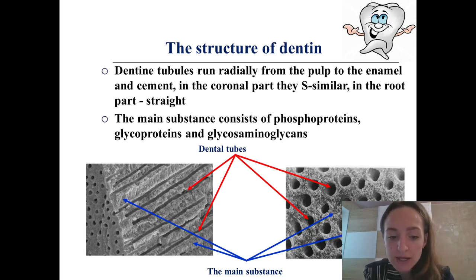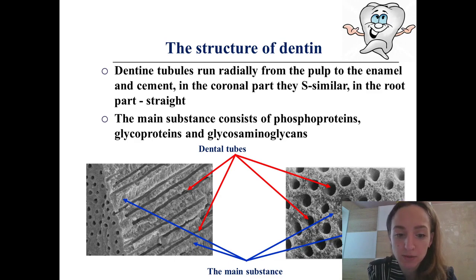Each tubule contains the cytoplasmic cell process of the odontoblast and is lined with a layer of peritubular dentin, which is much more mineralized than the surrounding intertubular dentin.